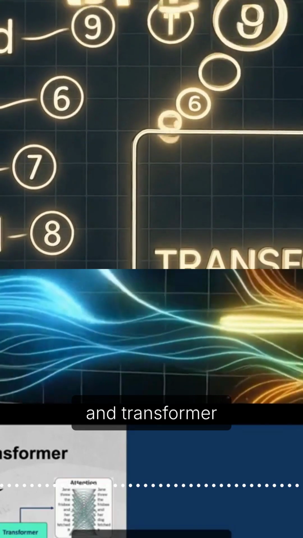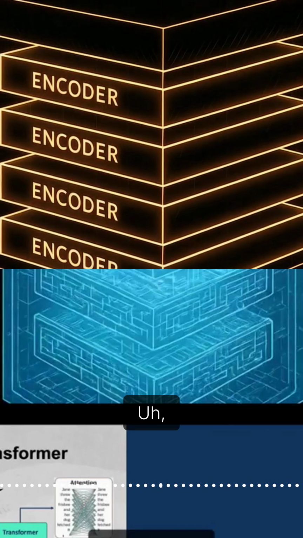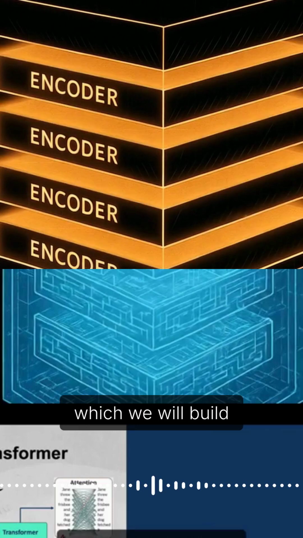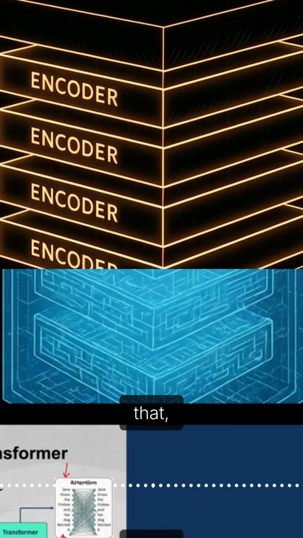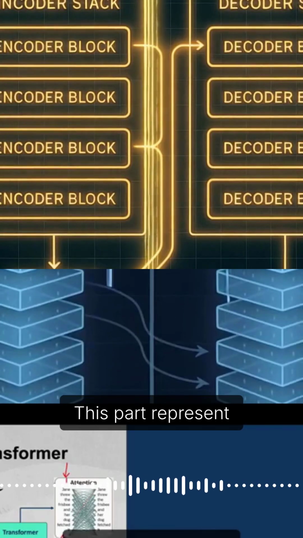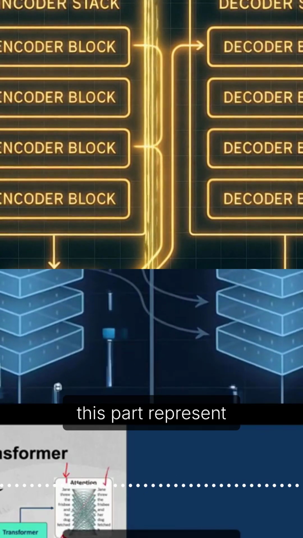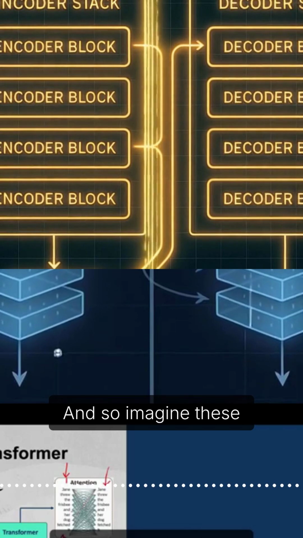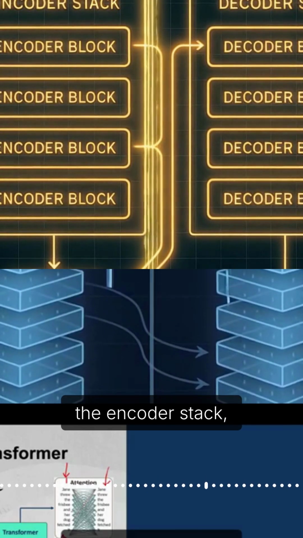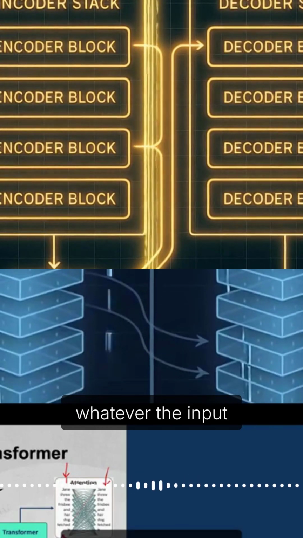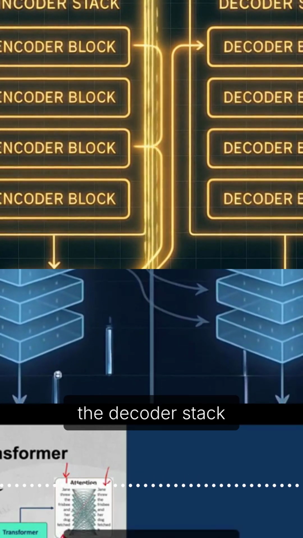And the transformer has layers. There are multiple encoders, which we will build in our lab in this course, that will form an encoder stack. This part represents the encoder stack, this part represents the decoder stack. Imagine these words are processed and go through the encoder stack, and this same text, whatever the input is, goes to the decoder stack also.